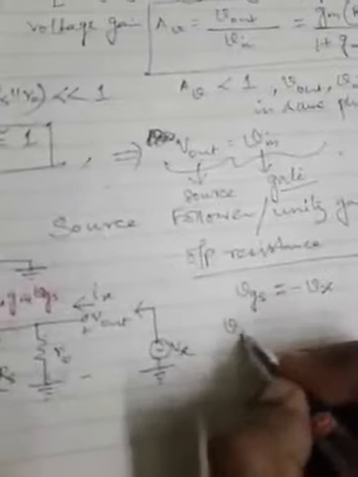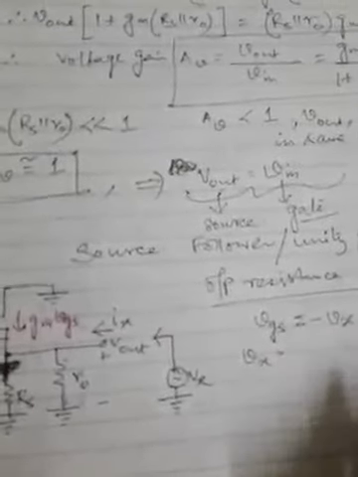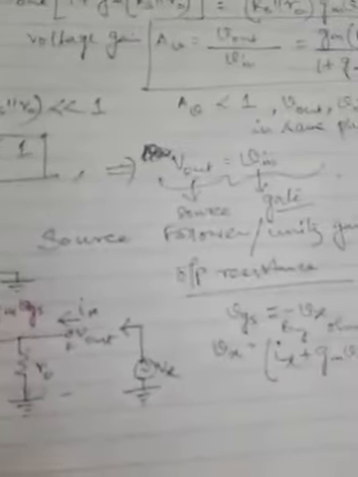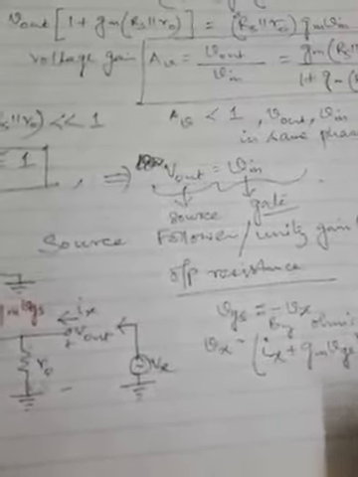Now what is Vx? We can write from here, this is the voltage drop across this parallel combination of Rs and Ro. So by Ohm's law, Vx can be written as the total current through this parallel combination, that is Ix plus gm Vgs, into Ro parallel Rs.